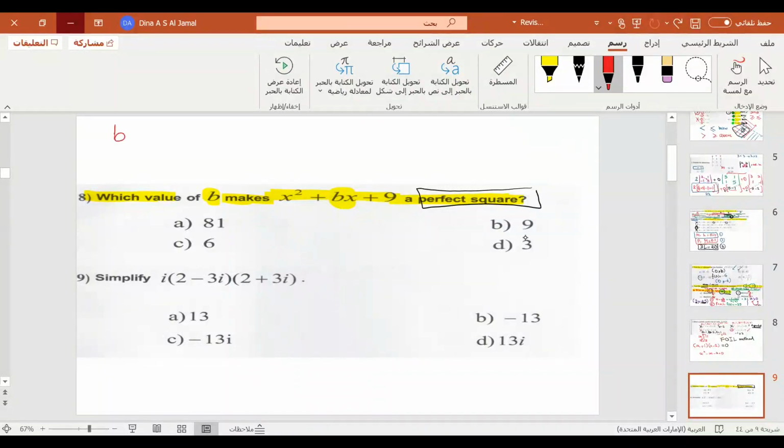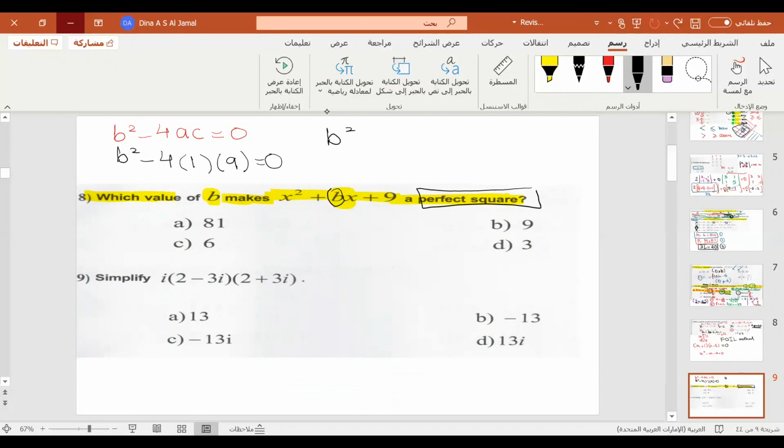So B squared minus 4AC should be equal to 0. And if you substitute it, it will be B squared. It is unknown already. Minus 4. What is your A? 1. What is your C? 9. Equal to 0.